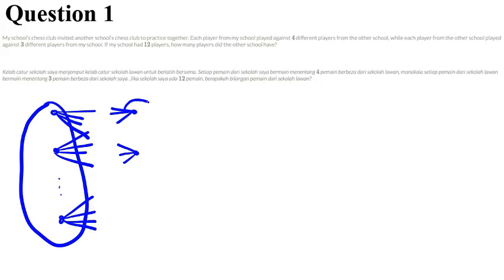While each player from the other school played against 3 different players from my school. So this one, we can say it is my school, and this one is the other school.